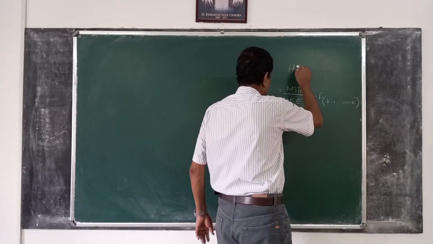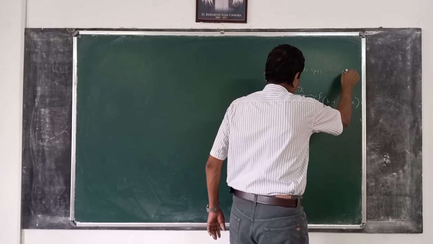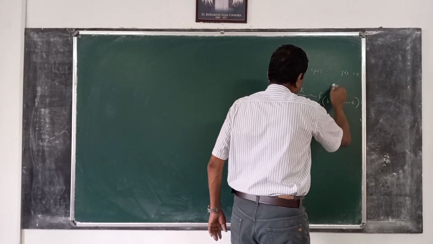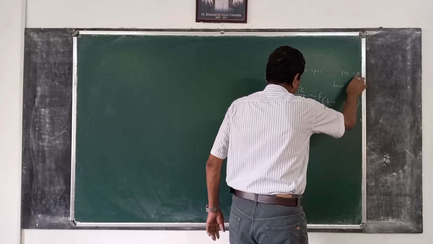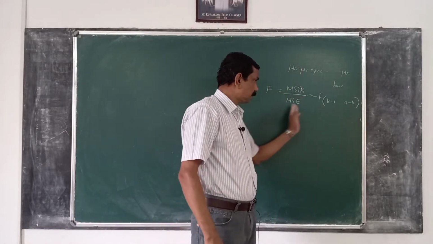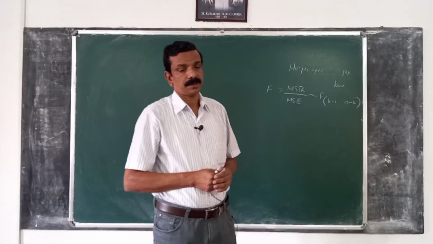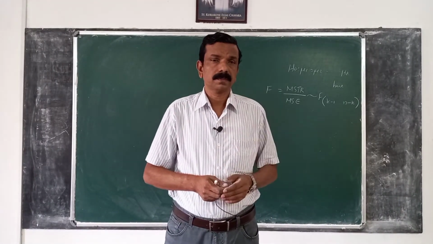If H0, mu 1 is equal to mu 2 is equal to etc. is equal to mu k, is true, then this quantity follows the F distribution. And it requires 2 things.